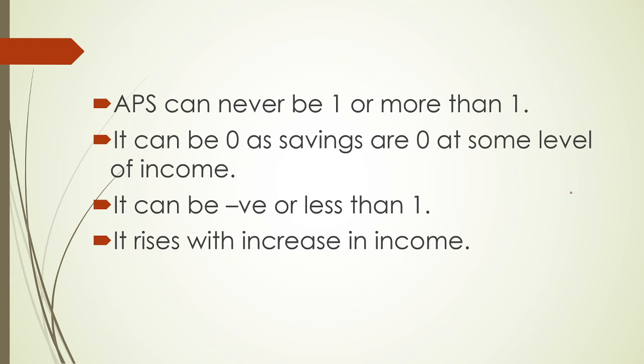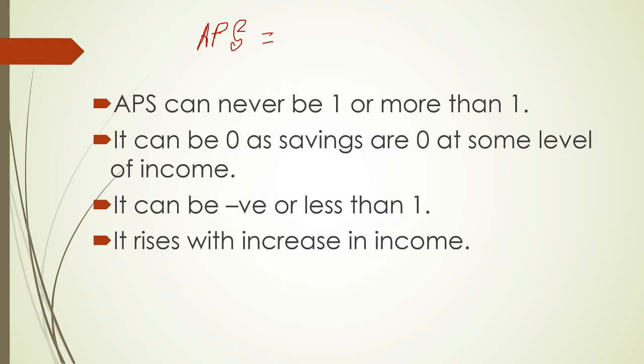So let us now go through some important points about APS. First, APS can never be 1 or more than 1. Why? Because saving is never equal to income.